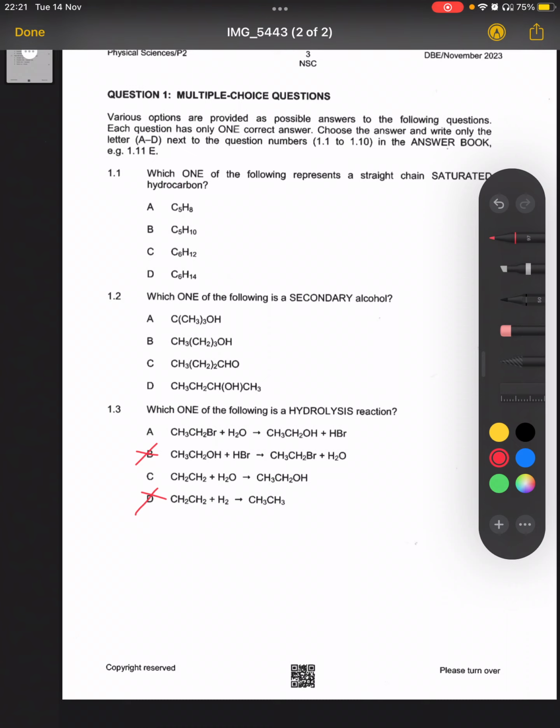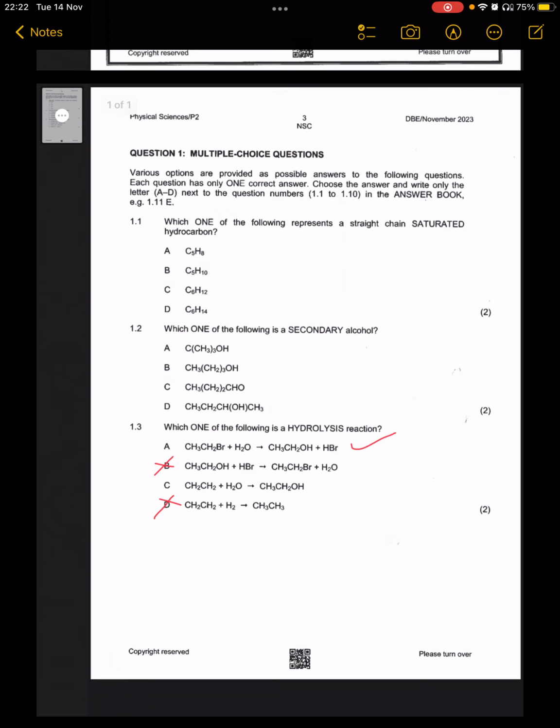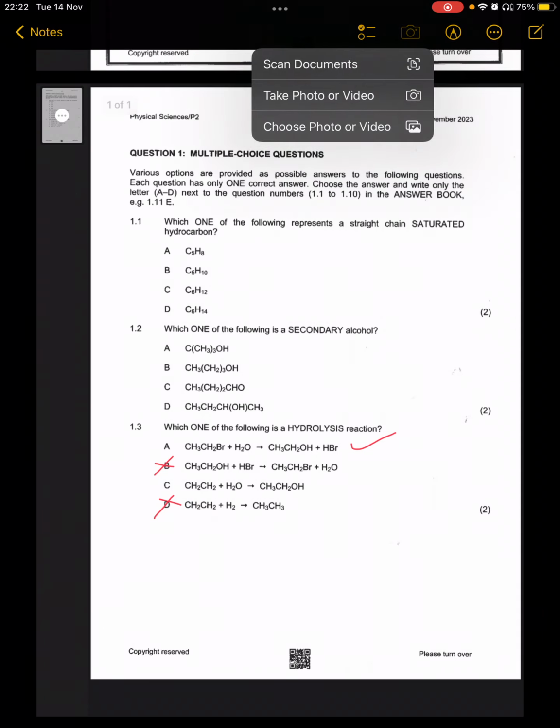Option C is out because this is an alkene, an addition reaction that produces an alcohol. And therefore, option A is the correct answer because it's a haloalkane substitution of the bromine to a hydroxyl group. And let's look at what question 2 was like.